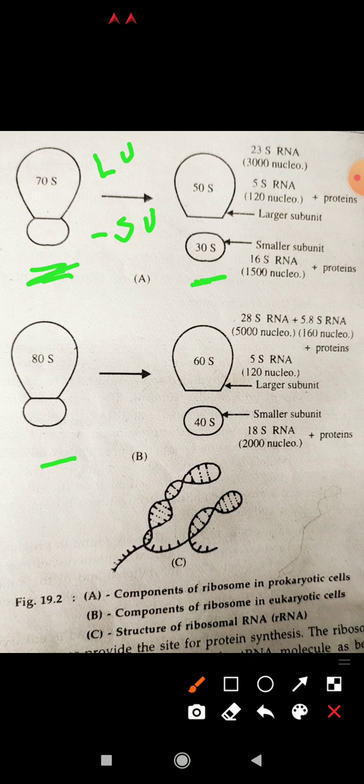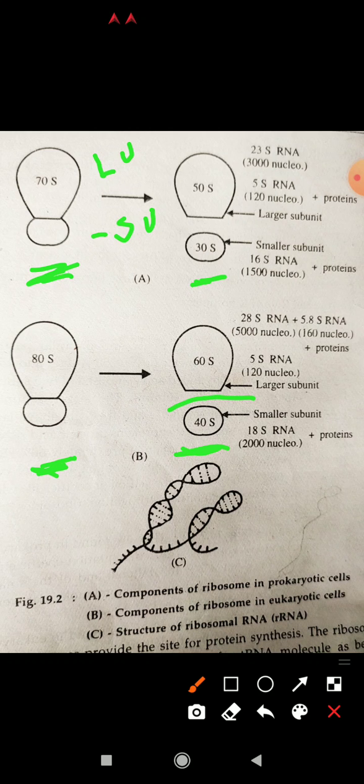The larger subunit and smaller subunit have separated, and some other details related to the ribosomal subunits we will see later. The 70S type of ribosome is present in prokaryotes, while the 80S type of ribosome is present in eukaryotic cells. So this is the association of two subunits, and this is the dissociation of two subunits.